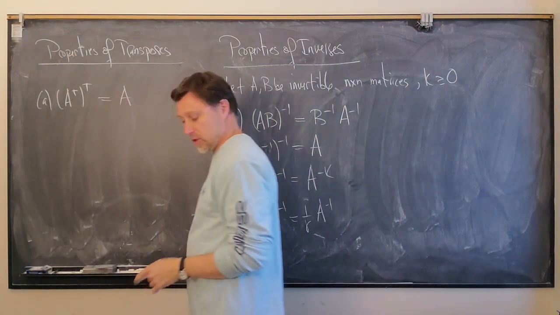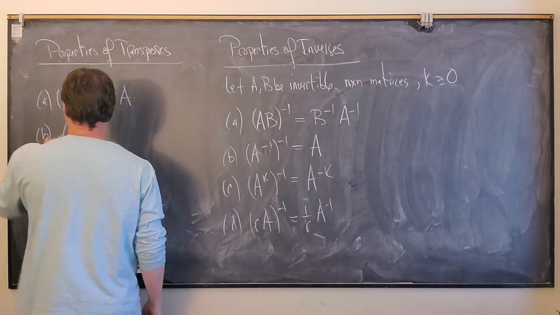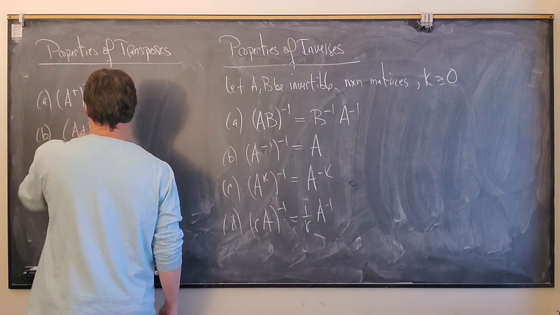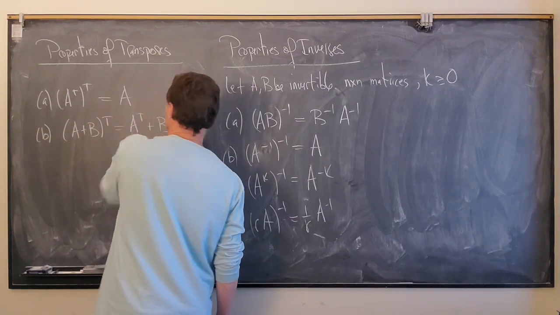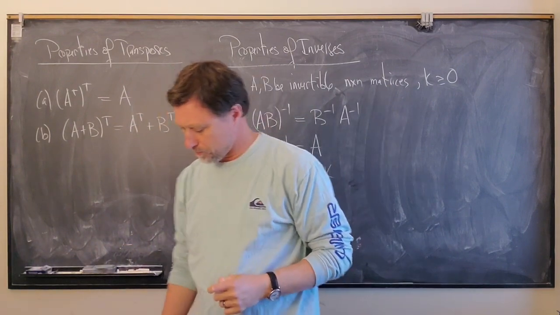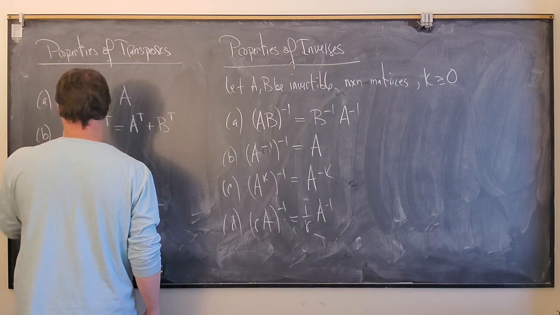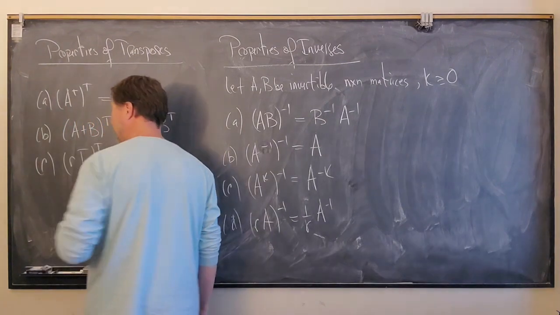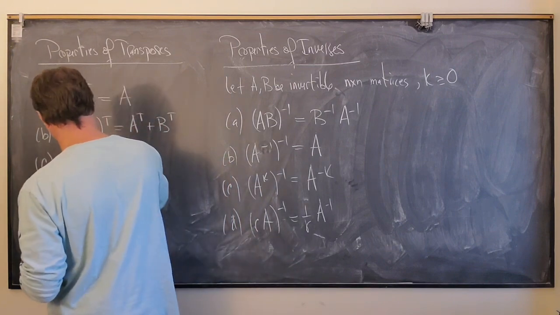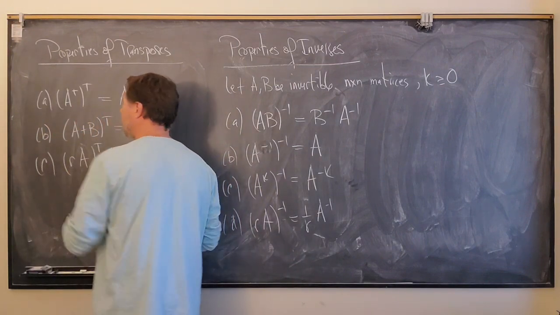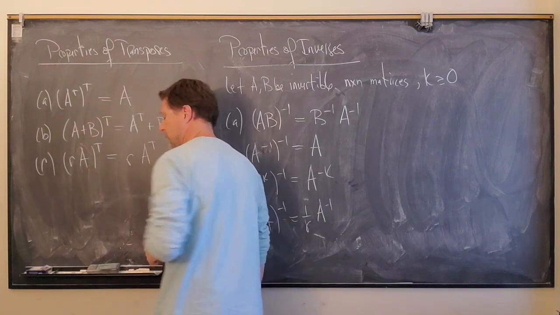You get the original matrix back. Part B: A plus B transpose is A transpose plus B transpose. So that's a nice property. Transpose also works nicely with scalar multiplication. The transpose of the matrix R times A is R times A transpose.